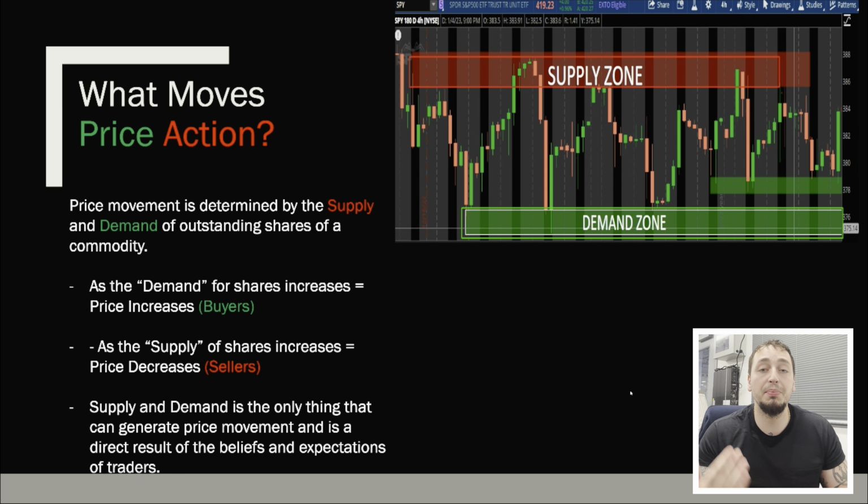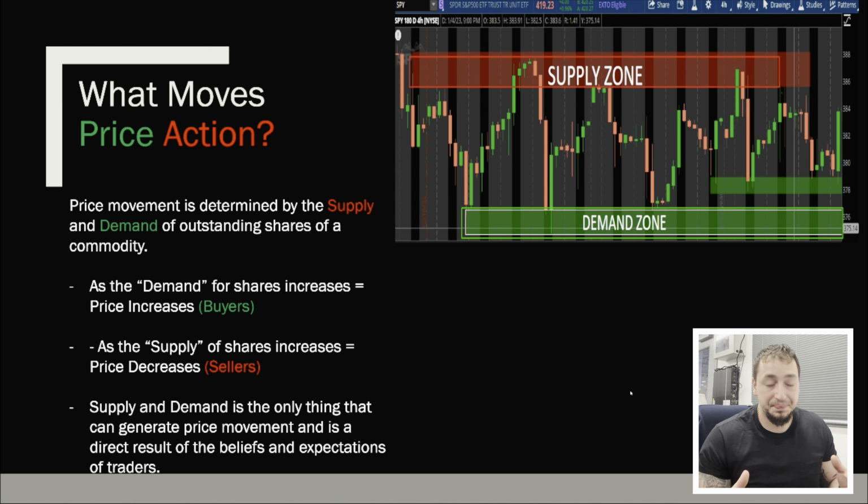And when the supply is large, that means a lot of people are selling the shares, so there's massive supply for it. It's all supply and demand. So once again, as the demand for shares increases, price increases. As the supply of shares increases, price decreases. So supply and demand is the only thing that can generate price movement and is a direct result of the beliefs and expectations of traders.